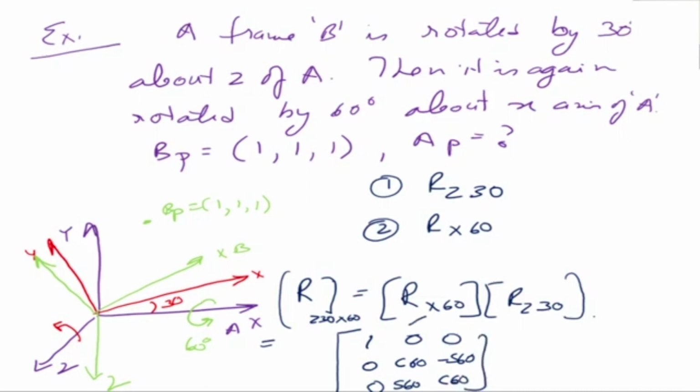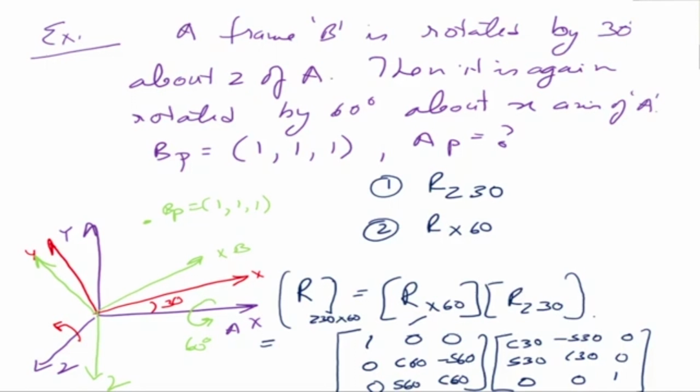This is the rotation about the x-axis. The next one is the rotation about the z-axis by 30: cos 30 minus sine 30 0, sine 30 cos 30 0, 0 0 1. Now I can simply multiply these two matrices and I get my combined rotation matrix.